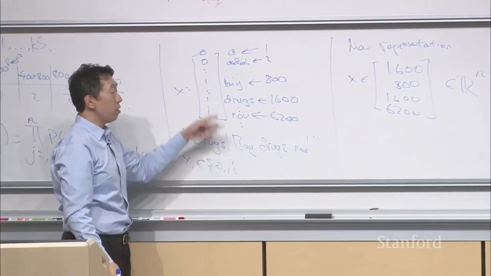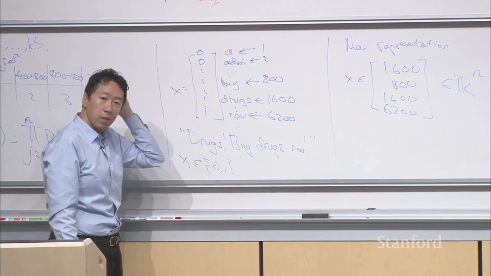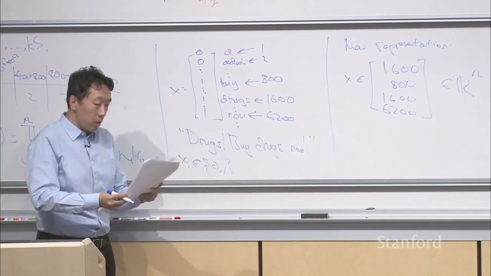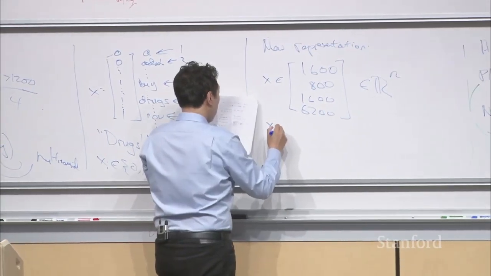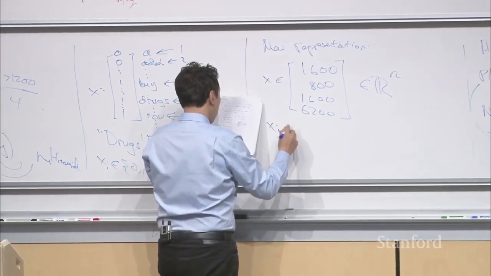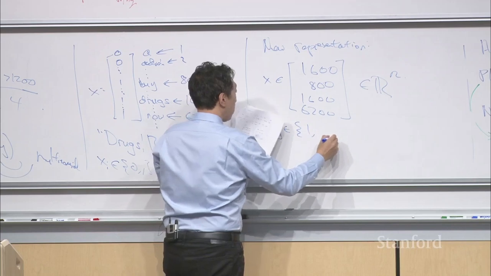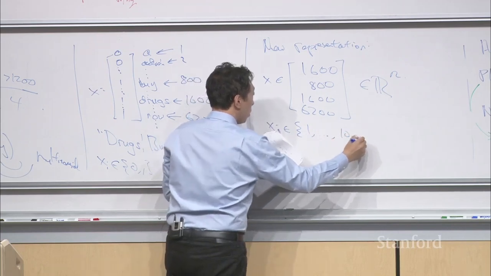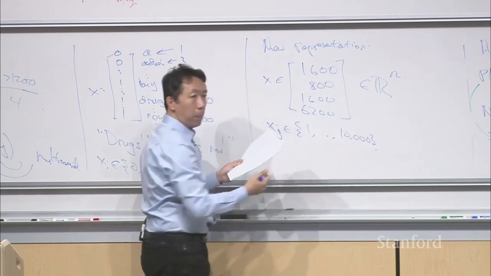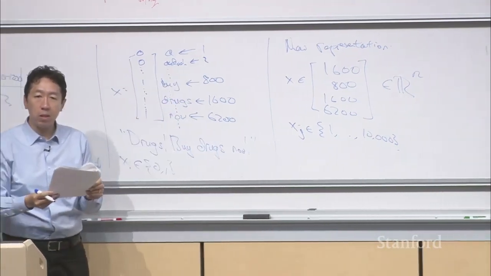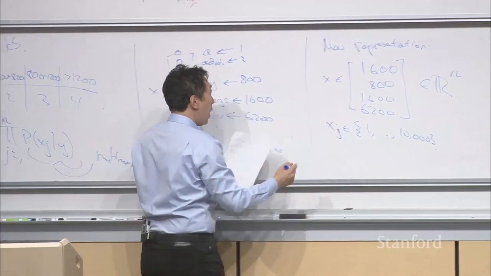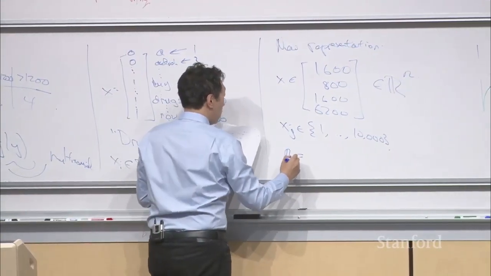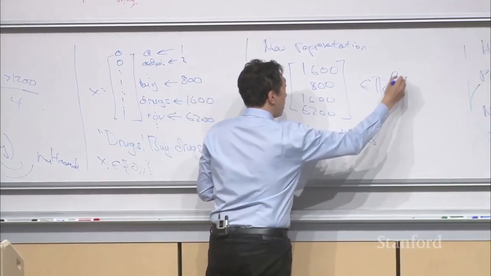So rather than a 10,000-dimensional feature vector, we now have a 4-dimensional feature vector, but now xj is an index from 1 to 10,000 instead of just being 0 or 1. And n varies by training example.